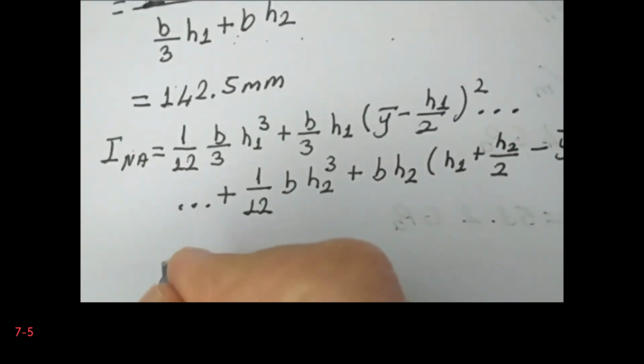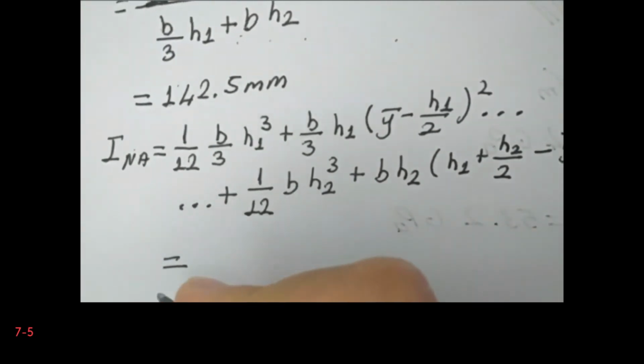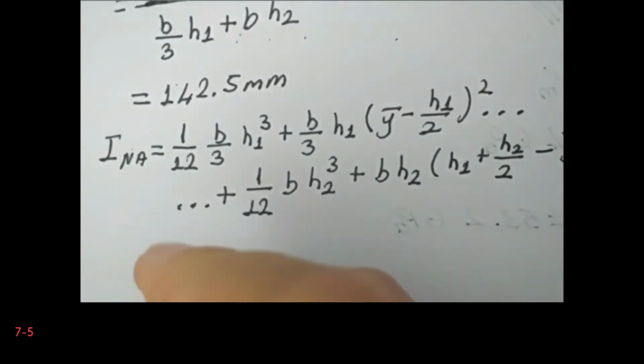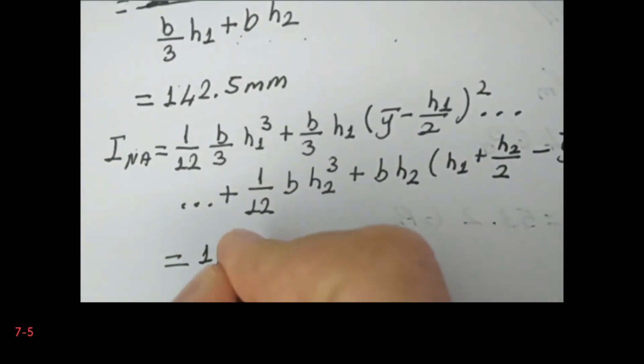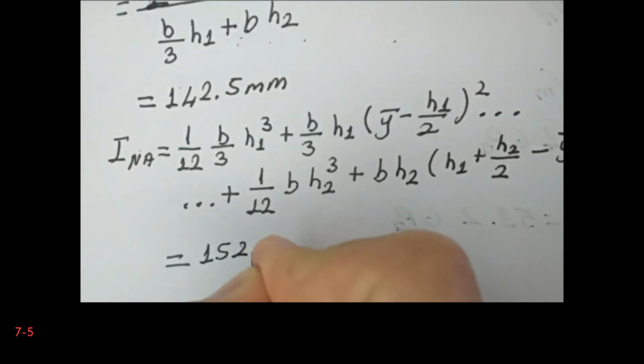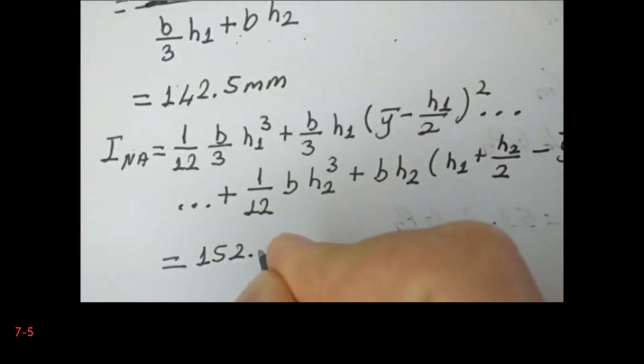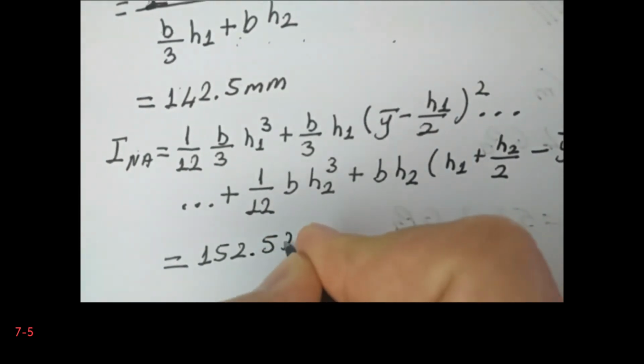If you put the values into their places, what you are going to get is 152.578 meter to the power 4.